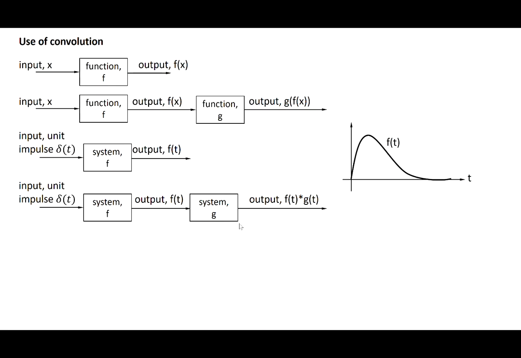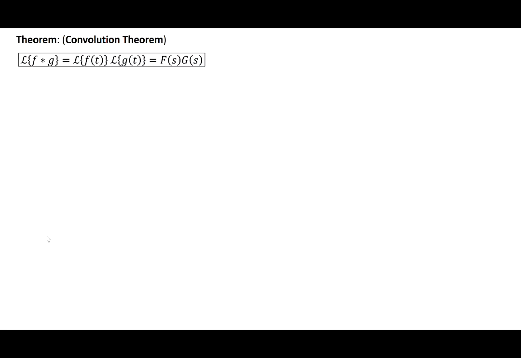But before I move on, I want you to understand why it is that we need convolution. Here is the idea. Some systems generate an output equal to f of t convolved with g of t. Okay? All right. With that, let's go to convolution theorem. Laplace of f convolved with g is nothing but Laplace of f of t times Laplace of g of t.